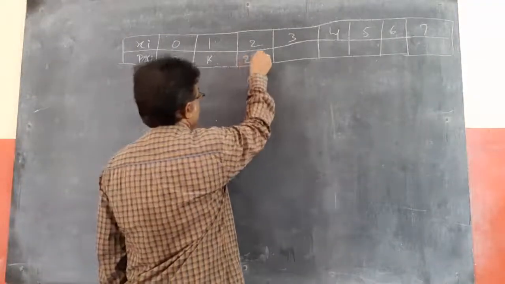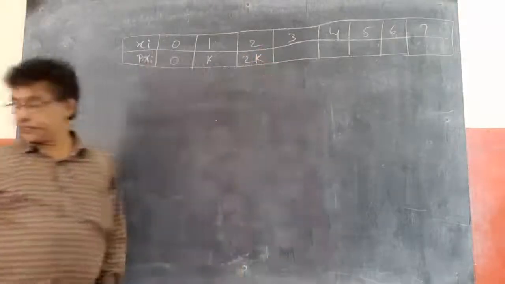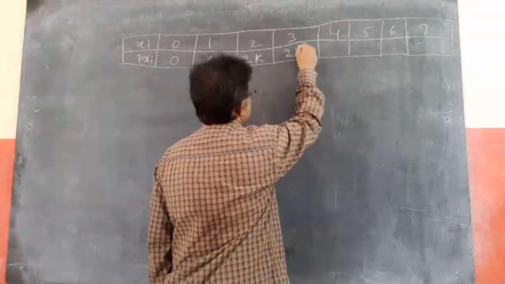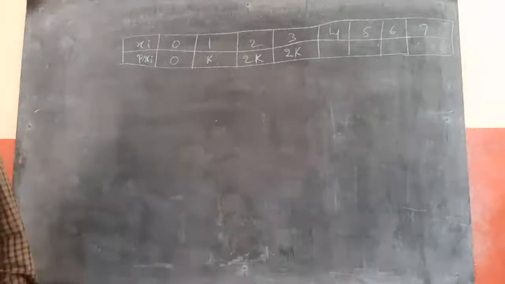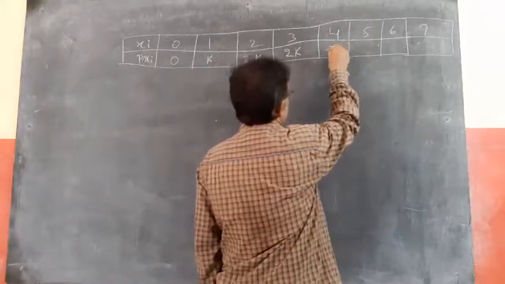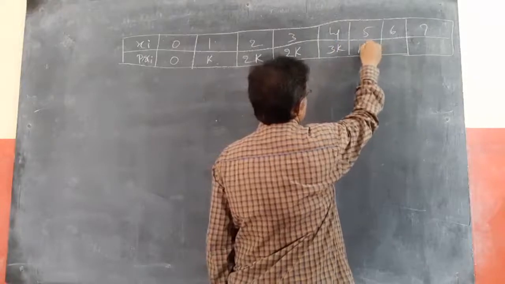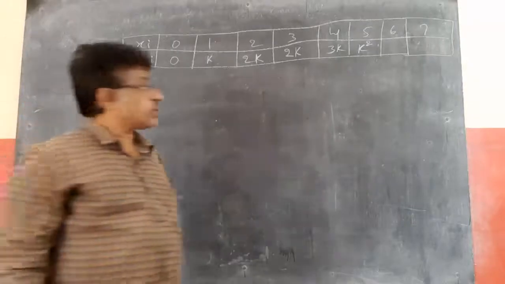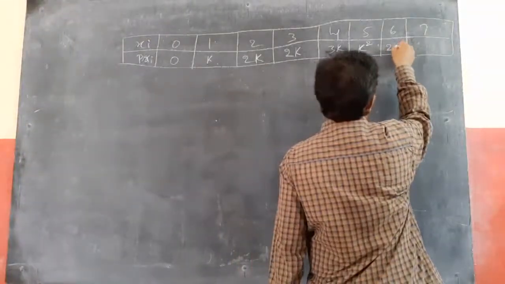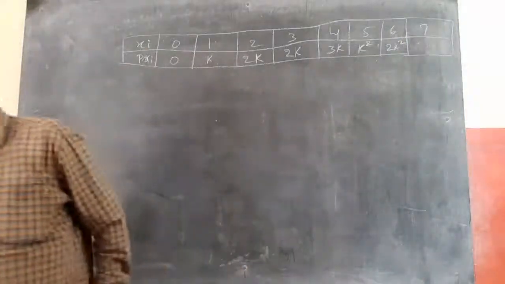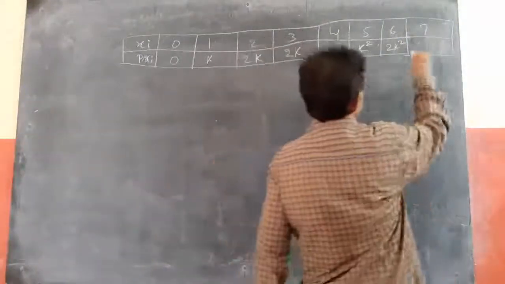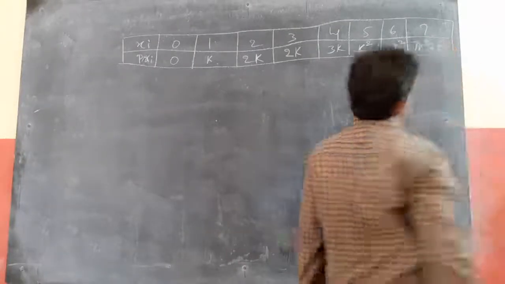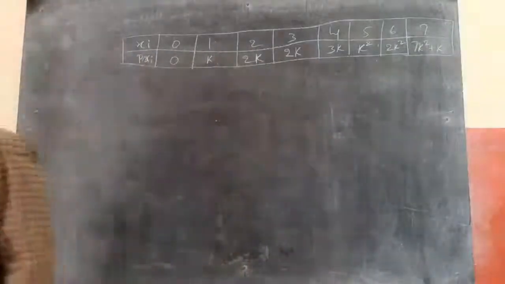For 2 it is 2k, for 3 it is 2k, for 4 it is 3k, for 5 it is k square, for 6 it is 2k square, and for 7 it is 7k square plus k.